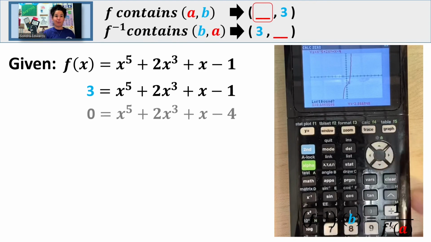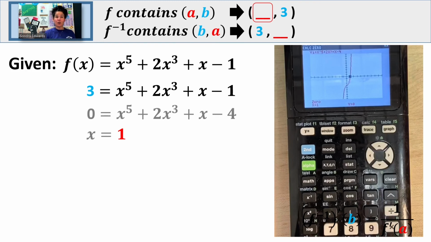I'm going to put that little blinky dot to the left of where it's crossing the x-axis and arrow over to the right of where it's crossing. Enter, enter, and I end up with the x-intercept located at 1. Okay, so the solution to this fifth degree equation, x to the fifth plus 2x to the third plus x minus 4 equals 0, is 1.